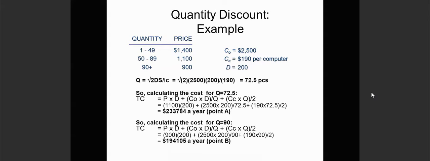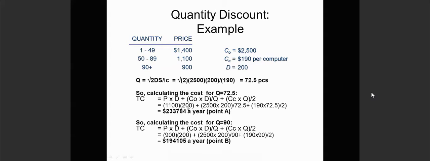Of course, in the quantity discount, to determine the best order quantity, we must include the fixed cost in calculating the total cost for inventory control. Here, the formula for the fixed cost is price per unit multiplied by the demand per year. So 1,100 multiplied by the demand of 200 gives the fixed cost.